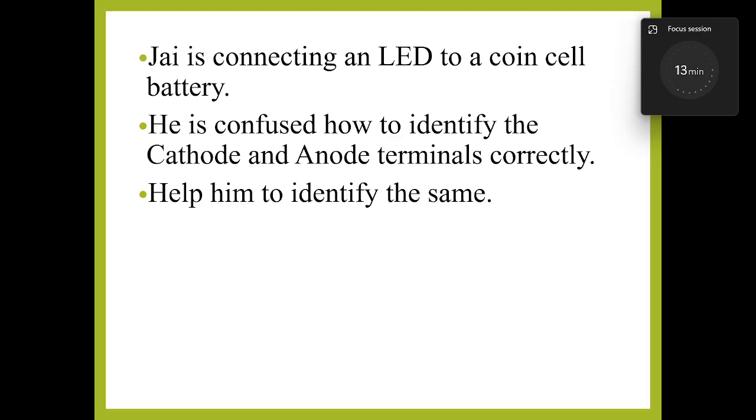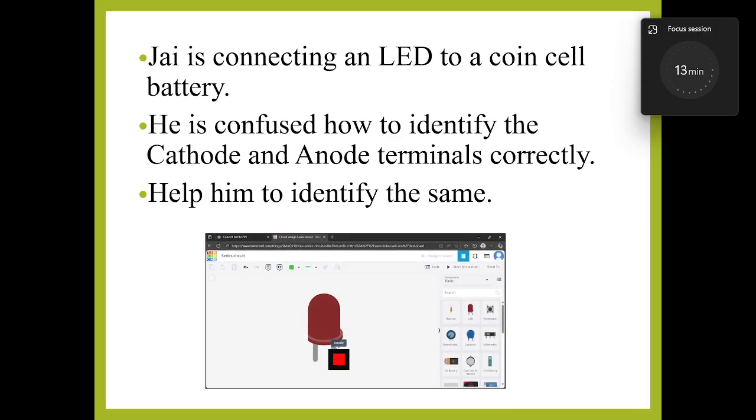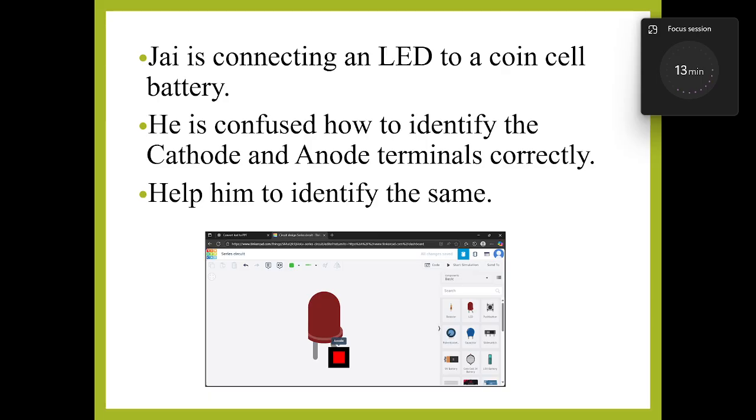Now let's see. There is an LED with two terminals. We need to identify which is anode and which is cathode. So there is a diagram from the Tinkercad tool where you will see that one terminal is straight and the other bent terminal, which is highlighted here, is representing anode, right?